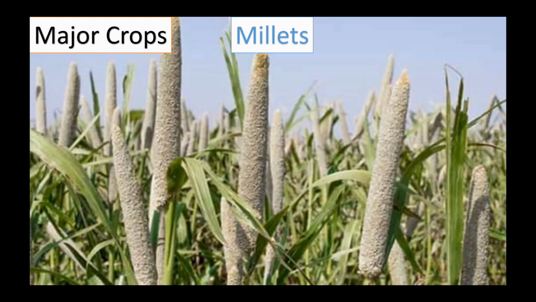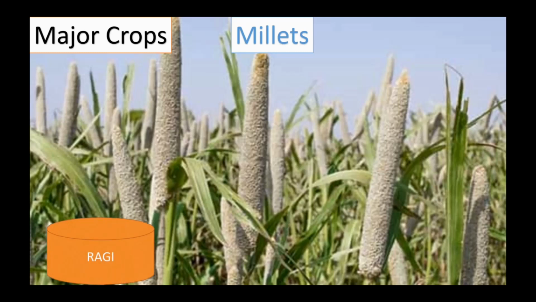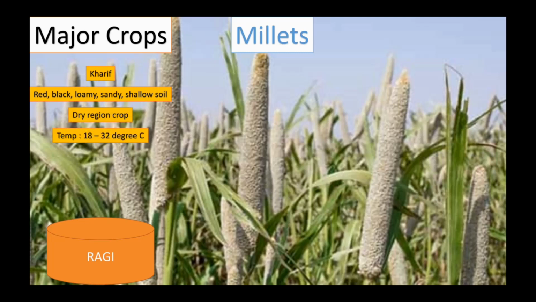Let us see what is ragi crop and where it grows. The features of ragi crop are, you must write, it is a kharif crop. It requires red, black, loamy, sandy soil. It is a crop of dry region. It needs irrigation at the proper time and it grows well between 18 degrees to 32 degrees Celsius temperature.